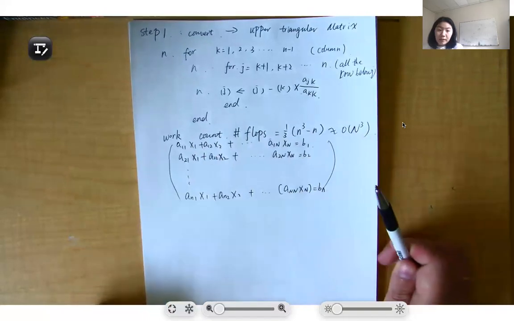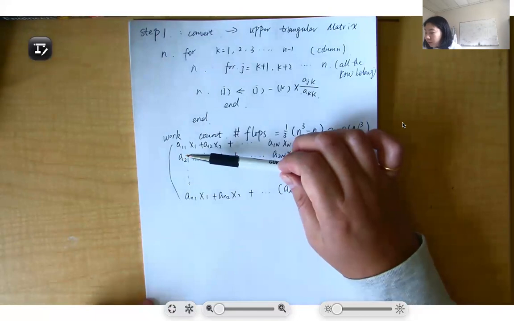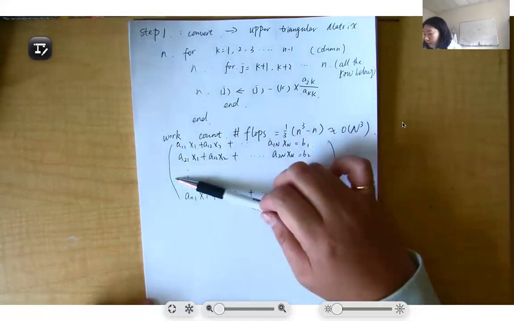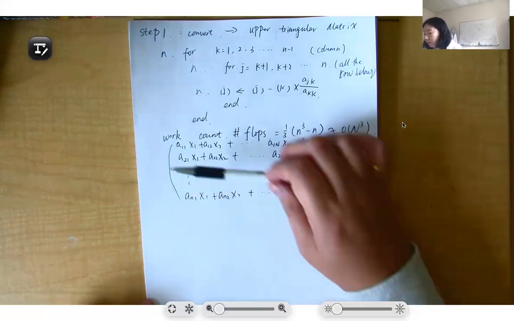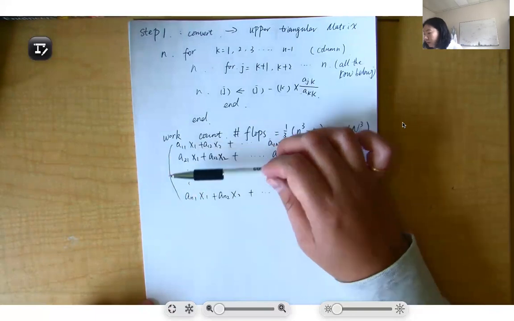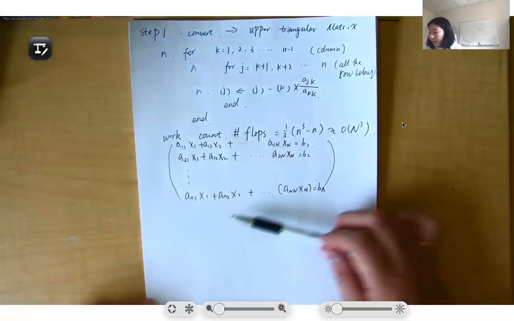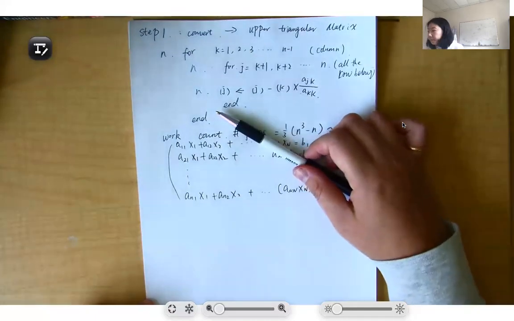You use the scaling factor to make A21 to be 0, A31 to be 0, A41 to be 0, until An1. And you also need to scan all the rows so that the lower triangular part will be 0. That is what this work count is for.